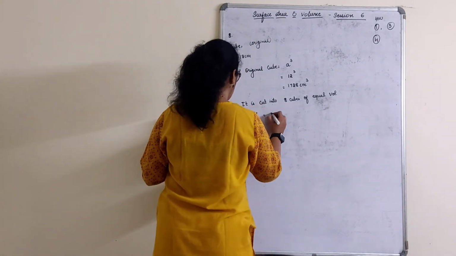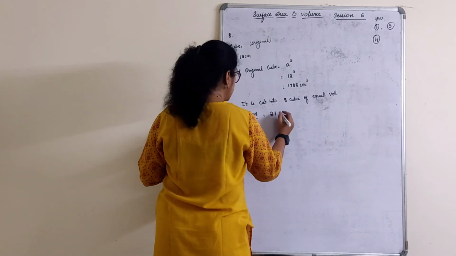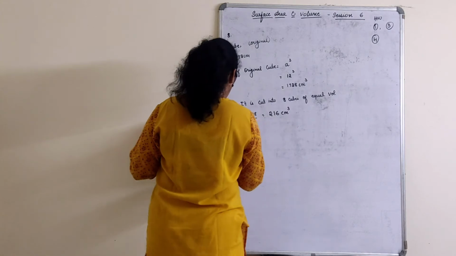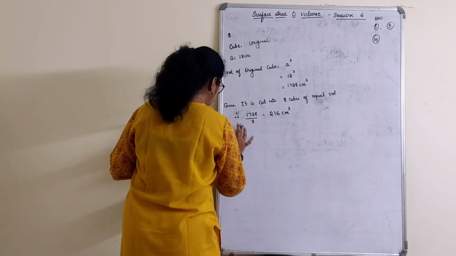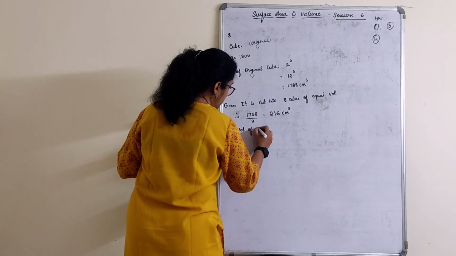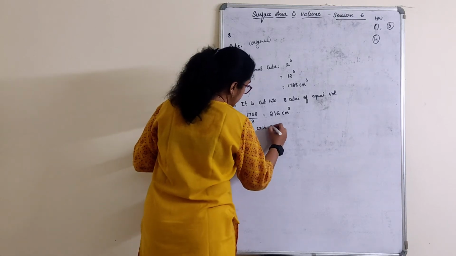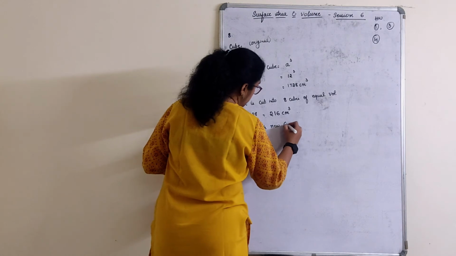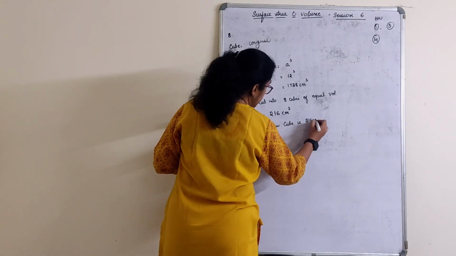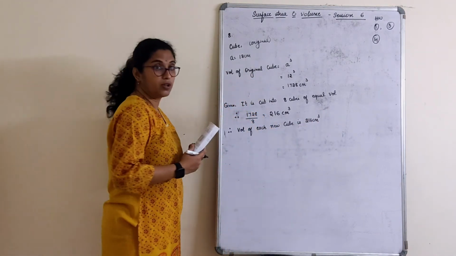So 8 twos are 16, 8 ones are 8. So that is nothing but 216 centimeter cube. Therefore, volume of each new cube is 216 centimeter cube.